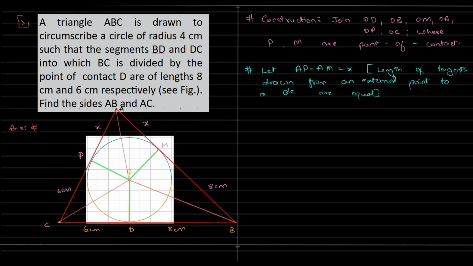Close the bracket. Now, similarly, we have CD is equal to CP is equal to 6 centimeter. Then BD is equal to BM is equal to 8 centimeter.